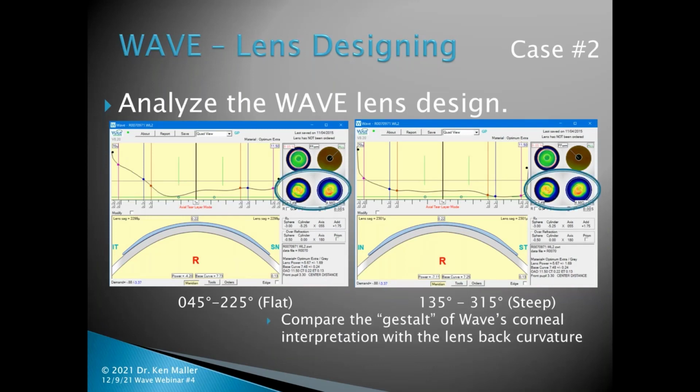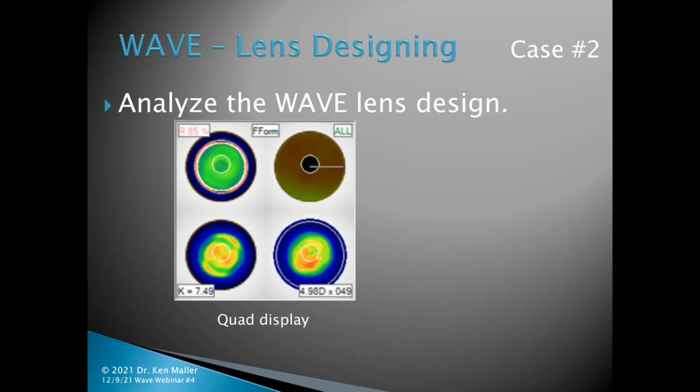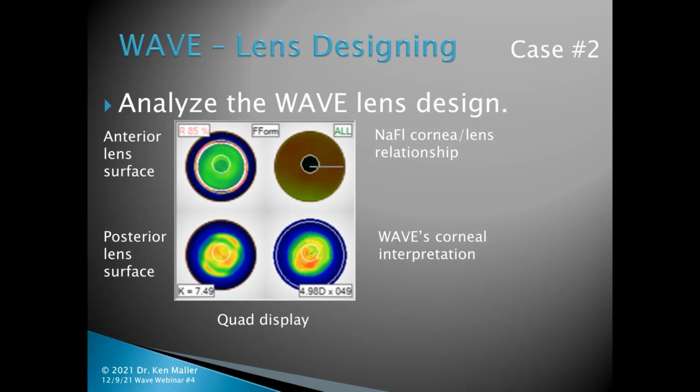Again, we're going to compare that gestalt of the wave lens back surface with what the cornea, or Wave's interpretation of the cornea, looks like on the lower right of the quad display. So once again, I've blown that up for us so we can see that a little bit better. And again, the anterior lens surface, the sodium fluorescein cornea lens relationship screen, the posterior lens surface, and Wave's interpretation of the cornea.